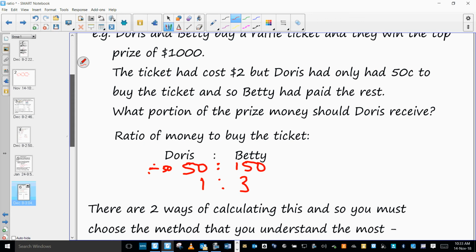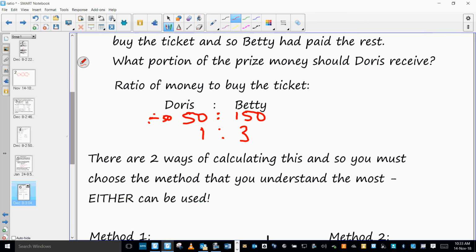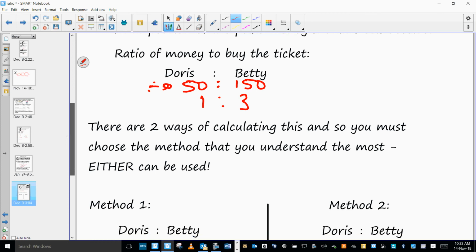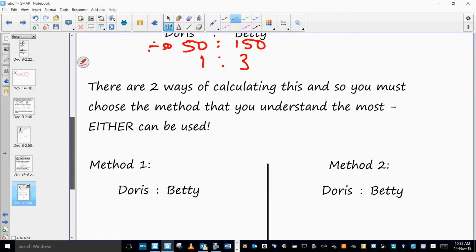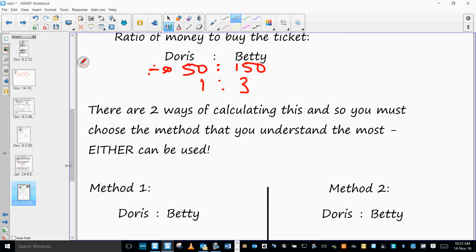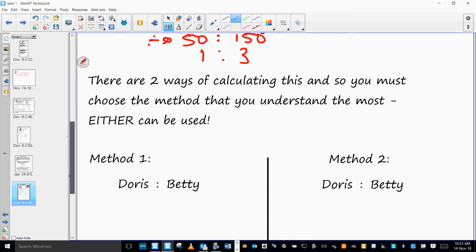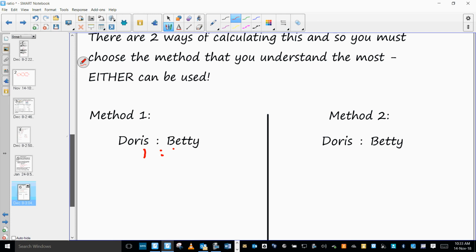Alright, so you've got 2 ways of doing this. You choose whichever method you like. Method 1: Doris and Betty are in the ratio of 1 to 3, so in total there are 4 parts.